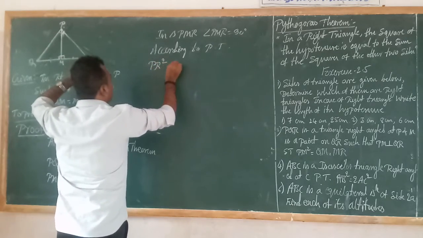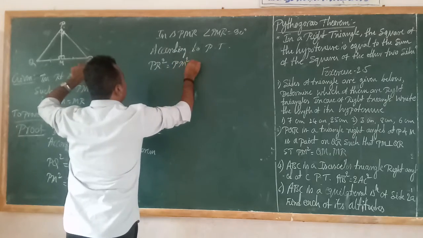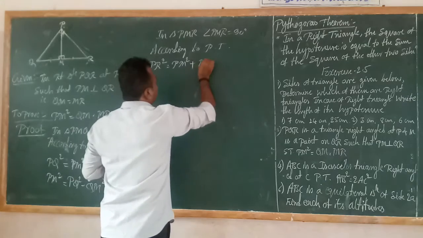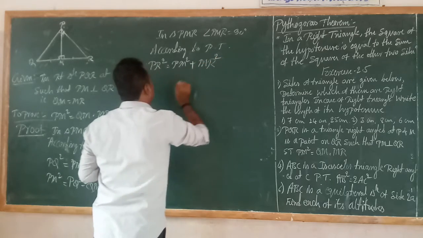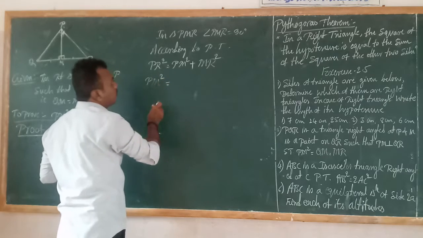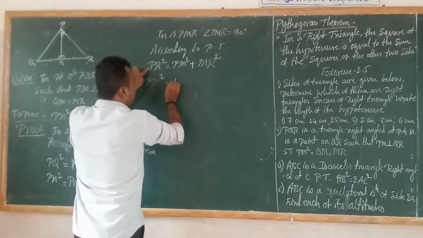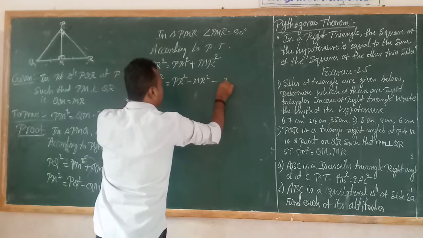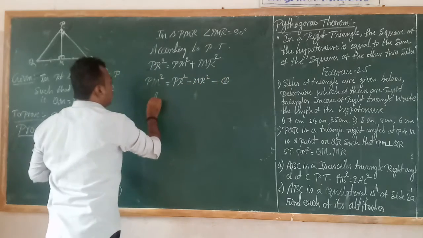So PR square is equal to PM square plus MR square. Taking PM square, MR square goes to the other side. Therefore PM square is equal to PR square minus MR square. Call it number 2.